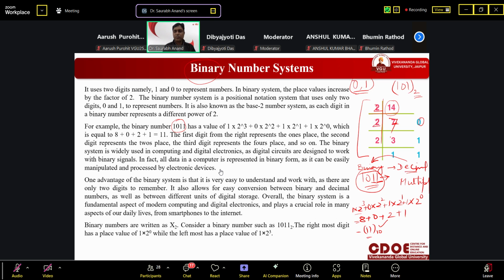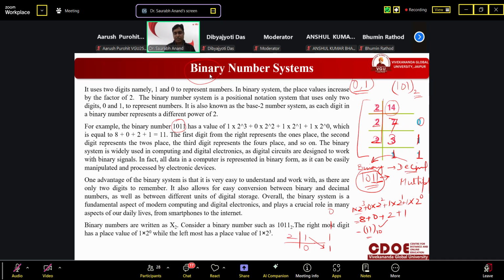Again we divide by 2. 2 threes are 6, 1 remainder, which is written there. Again we divide: 2 ones are 2, 1 is the remainder, we write it here. Further dividing, it is divisible 0 times, and this last 1 is left over, so we write it here.